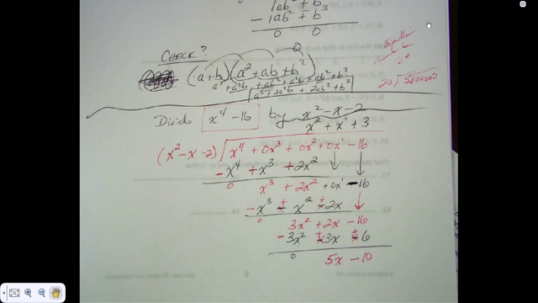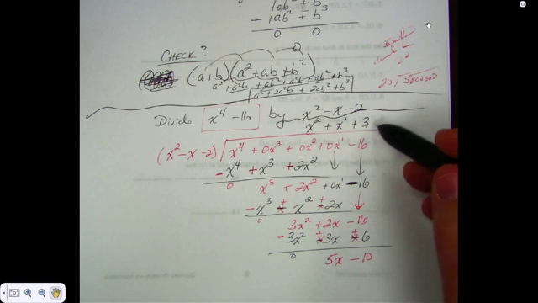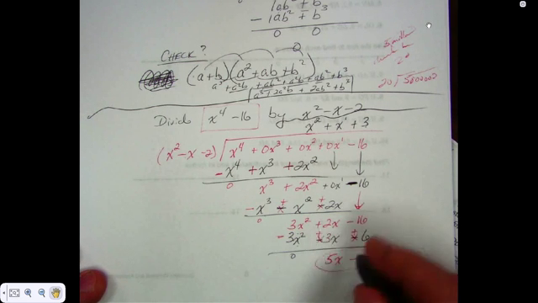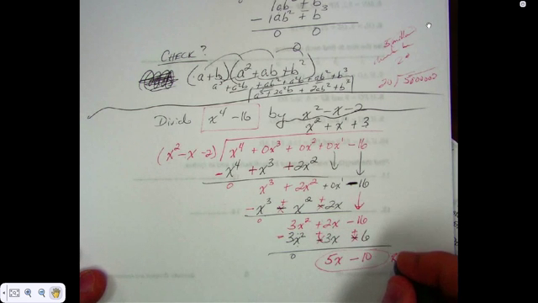Now, when you're done, what's your answer now? What is this called? There's nothing left to divide, is there? What do we call this when we used to do this? This is a remainder.